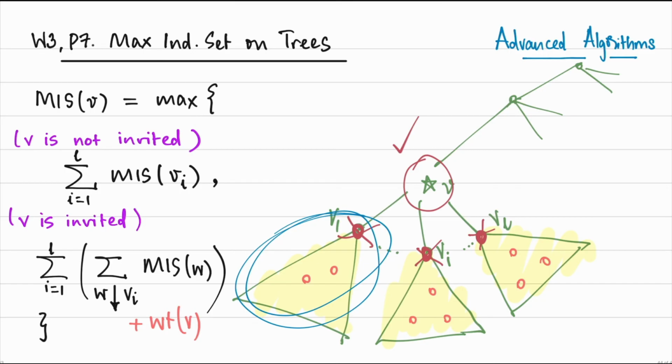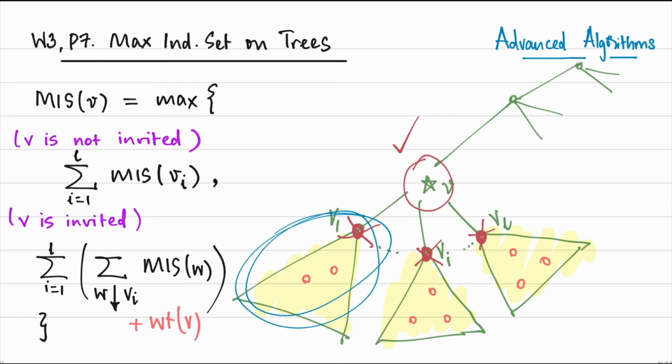And the rest of the subparties that we get don't conflict with V because they're coming from the subtrees of the grandchildren. We have explicitly avoided all the conflicts that we may have with its children, right? So that is the argument for why what we are promising in this recurrence is actually something that we can achieve.